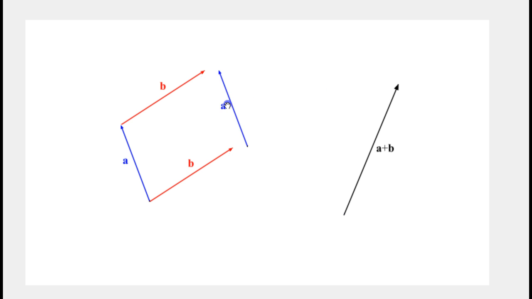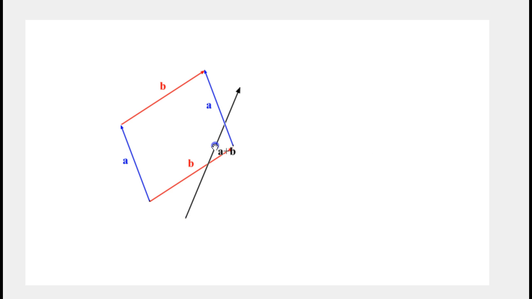So we know we can make a parallelogram like this. And if we draw a vector from the place where the two tails come together to the place where the two heads come together, so it's one of the diagonals of the parallelogram, that's our vector A plus B.